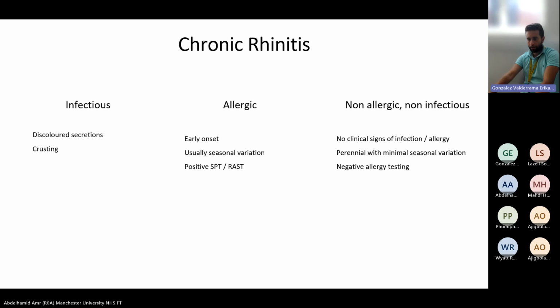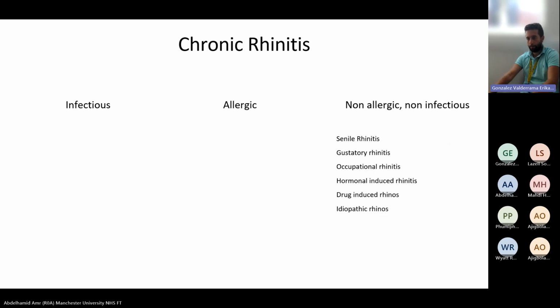Non-allergic rhinitis could have various subtypes. Benign rhinitis, where patients above 65 years of age will have a runny nose; gustatory rhinitis; and occupational rhinitis as part of their occupation. Usually management of that is probably a bit of allergen avoidance. Hormonal-induced rhinitis, where pregnant ladies usually get some blocked nose and rhinitis as part of the hormonal changes in pregnancy.